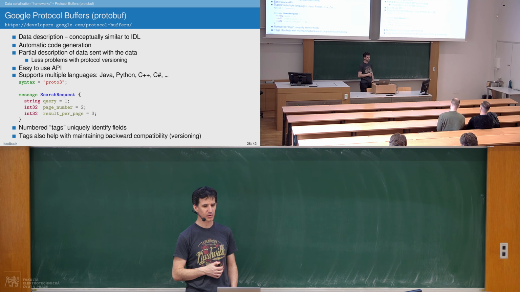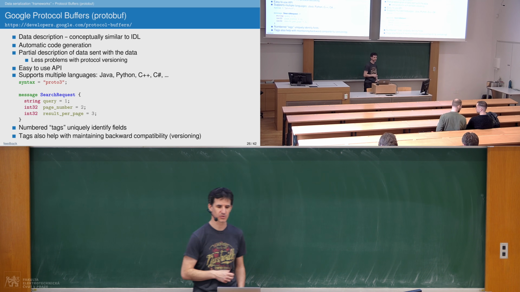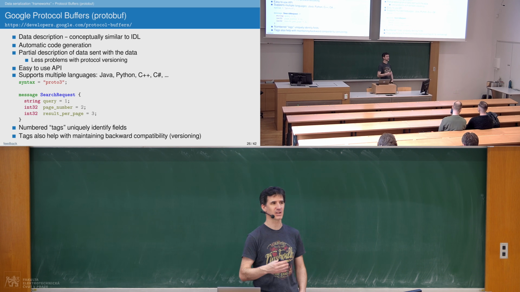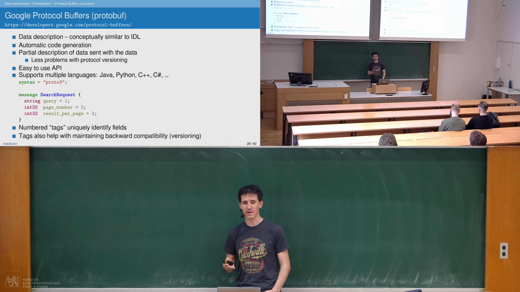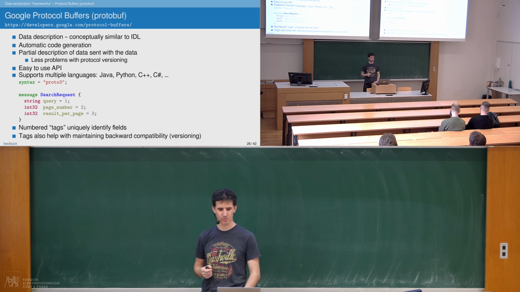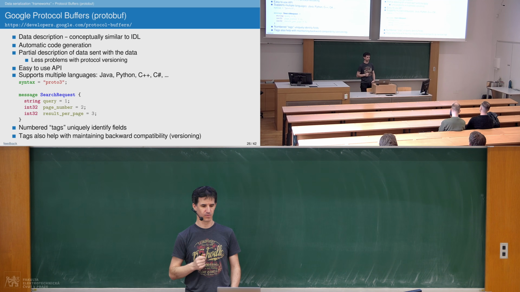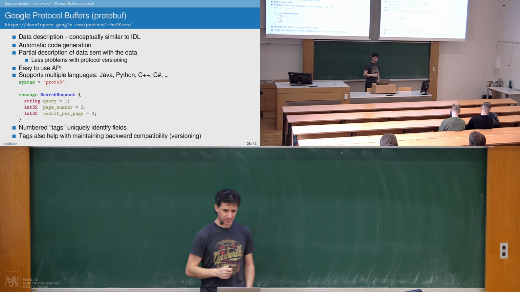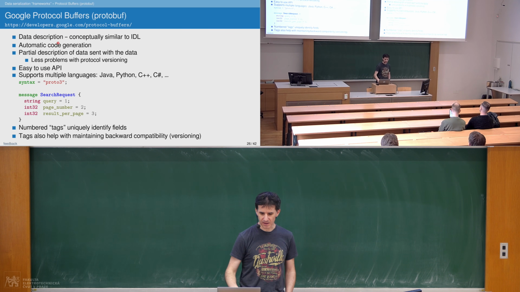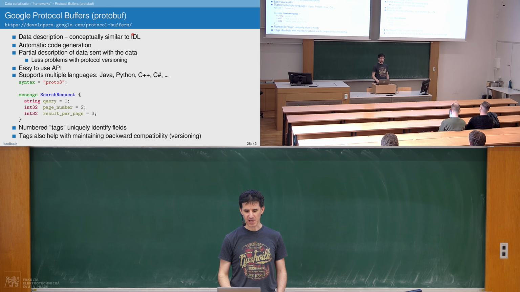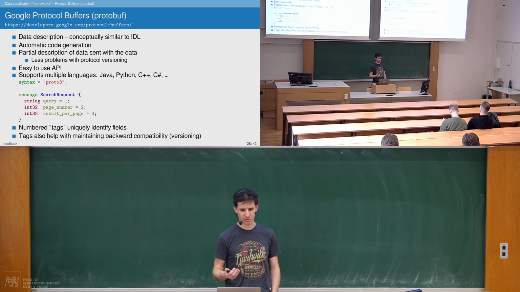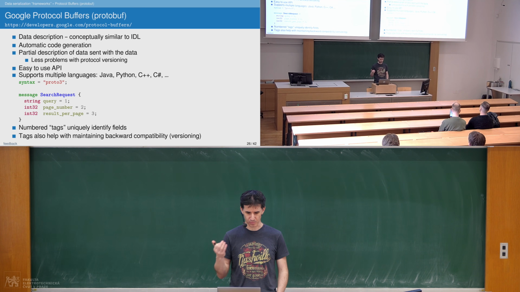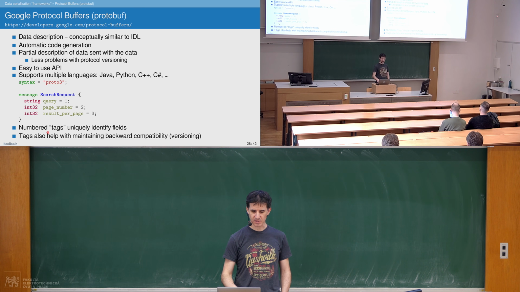So let's look at what Google Protocol buffers, or protobuf in short, actually is and how we can use it, because this would be one thing that you will implement in today's homework for comparison. Similarly to Corba IDL, you describe your data in some kind of language. Here that language is called proto language or proto definition, and it looks like this.